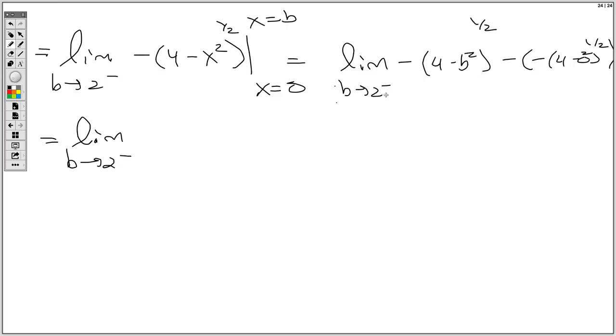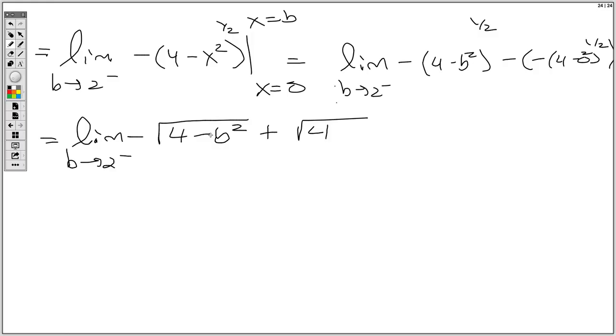So as b comes into 2 from the left, let's write this in terms of square roots here, so we're all cool with what's happening. As b comes into 2 from the left, I'm plugging in numbers a little bit less than 2. That means that the b squared are numbers a little bit less than 4. That means that the square root here is defined.